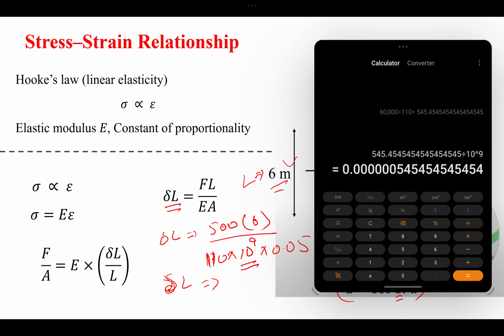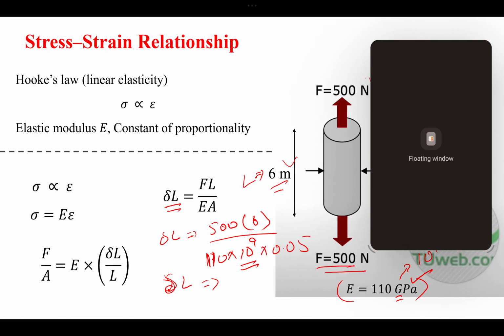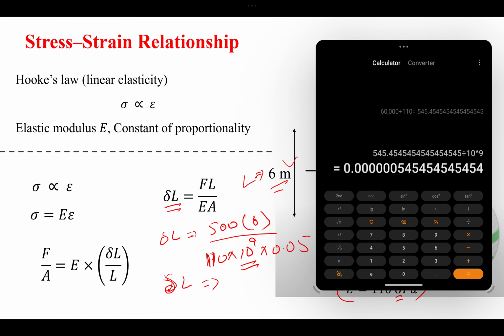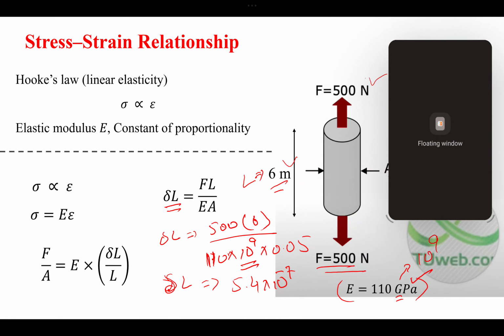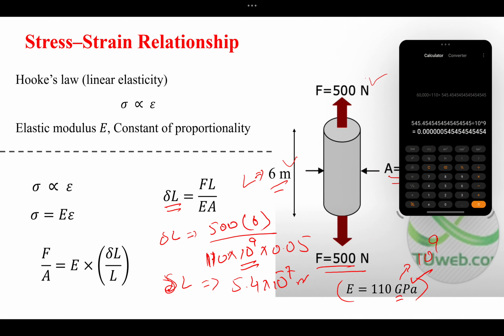Obviously, when you apply only 5 Newton force on a body of elastic element that is quite large, you are not going to get much of a deformation. So that is something like 5.4 times 10 raised to power minus 7 meter. So this much of deformation we are gonna get.